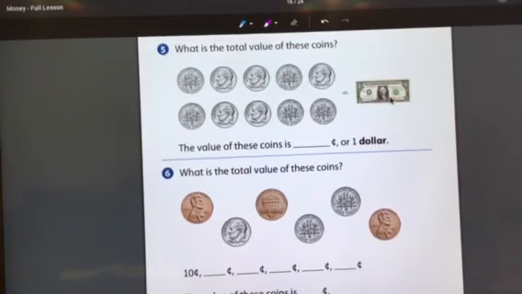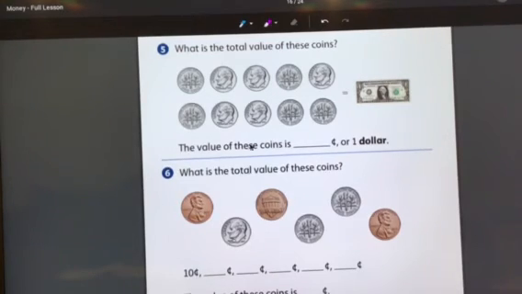Let's see, how many dimes does it take to get to $1? Let's count. You're going to be counting by tens because dimes are 10 cents. 10, 20, 30, 40, 50, 60, 70, 80, 90, $1.